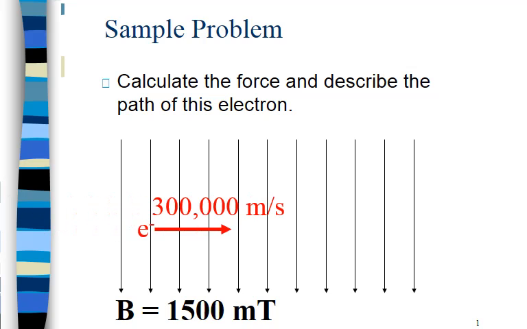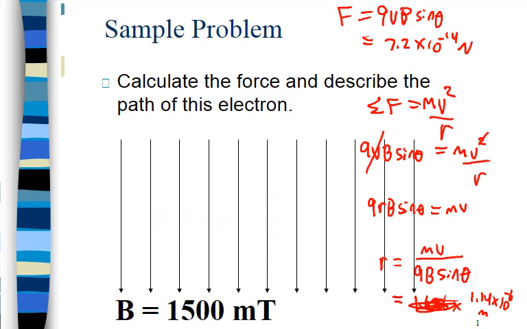All right, so the electron's coming through, and we've got our field, and we should end up getting a radius of 1.14 times 10 to the negative 6 meters. And if the electron is coming in like this, we're going to be pointing to the right, with our middle finger going towards the floor.